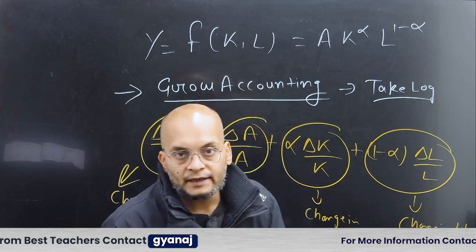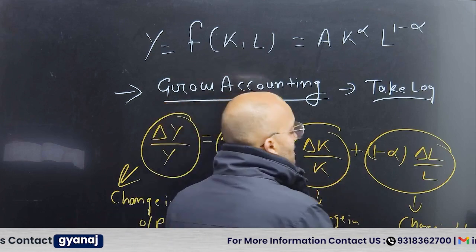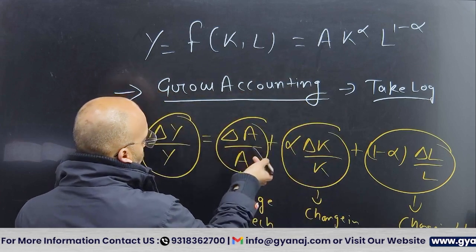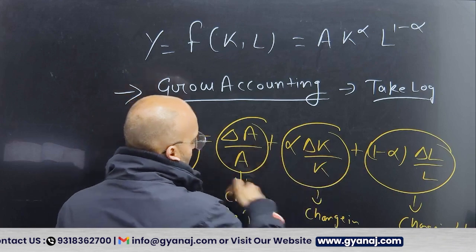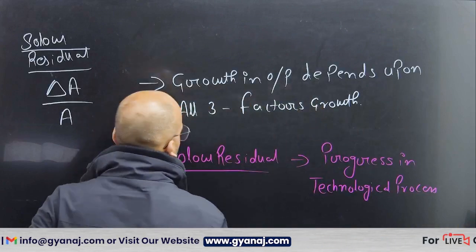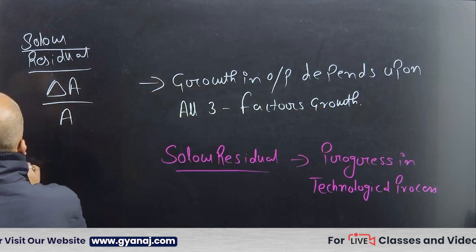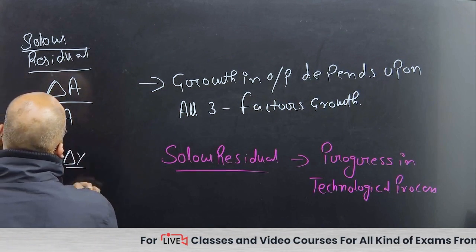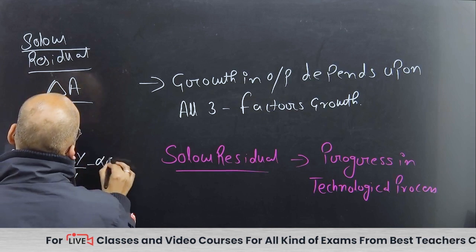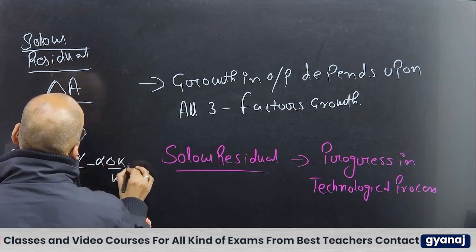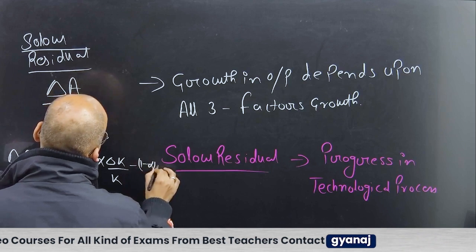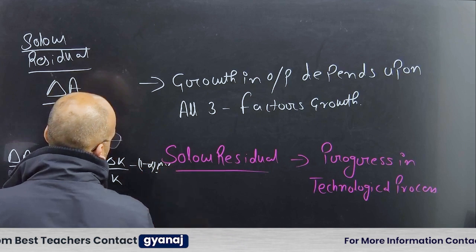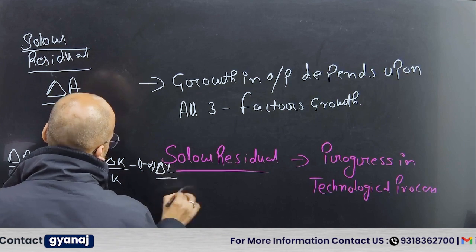Then how to find Solow residual? See, the way is a simple mathematical way. Find out ΔA by A. You have got the mathematical equation. Transfer these things to the left. So what will I get? ΔA/A is equal to ΔY/Y minus α into ΔK/K minus (1−α) into ΔL/L.